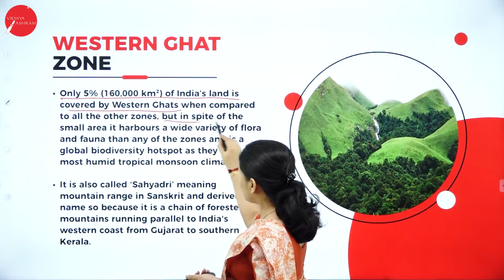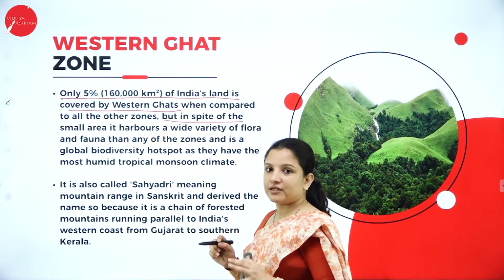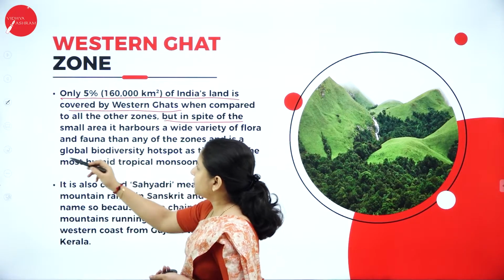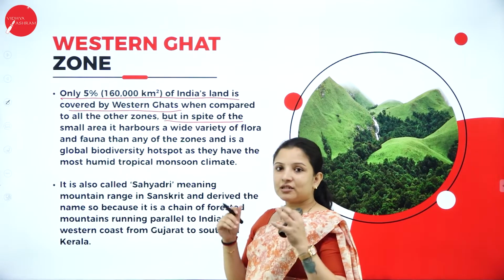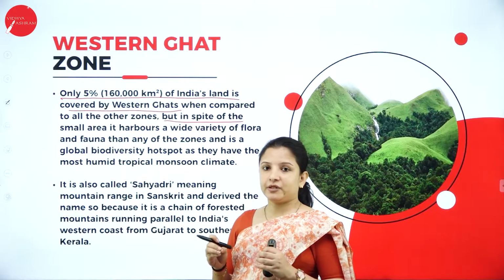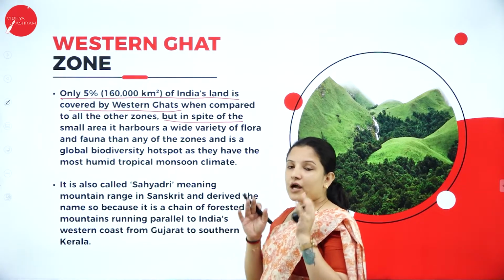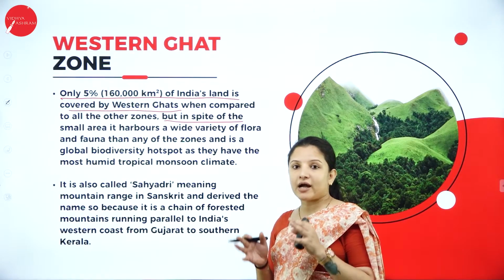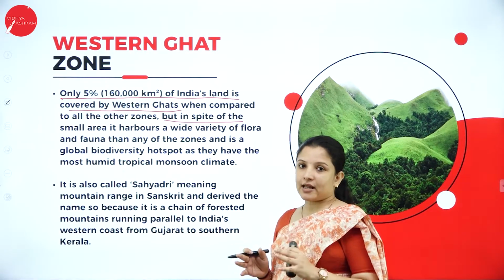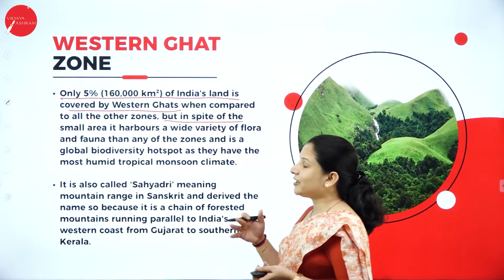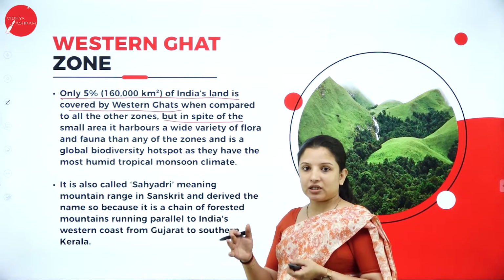But in spite of only 5% of the country's land being covered by Western Ghats, it is very, very special, because though the land area is very small, it has a wide variety of flora and fauna, that is plants and animals, when compared to any other zones in this country.